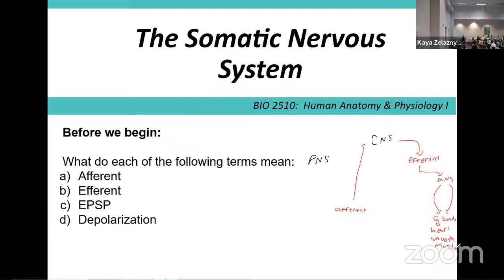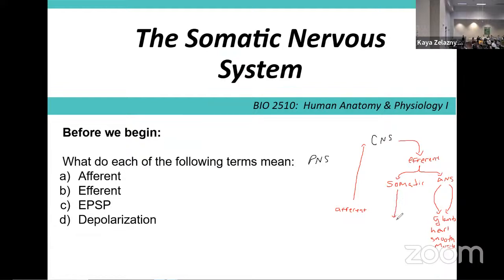And we are now locating ourselves on the other side of this efferent branch of our nervous system. Now we're going to be thinking about the somatic nervous system, which is the opposite of the autonomic nervous system. We're going to be able to tell the difference straight away by thinking about where we're going.